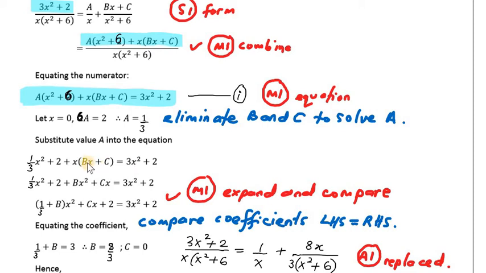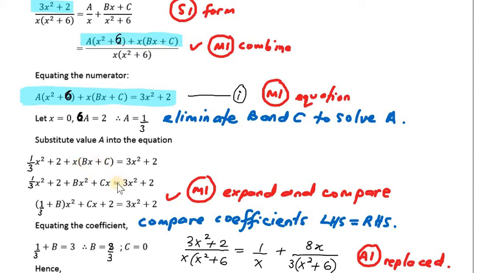Because over here it's hard to eliminate b and c, right? Or actually, can you get c from this equation by substituting x as 0? Will it work? No. If you set x to be 0, you cannot solve for c.